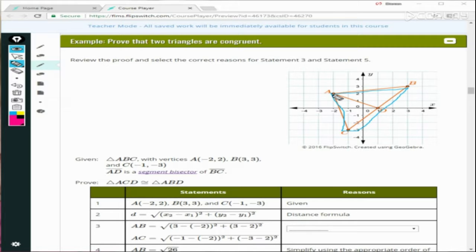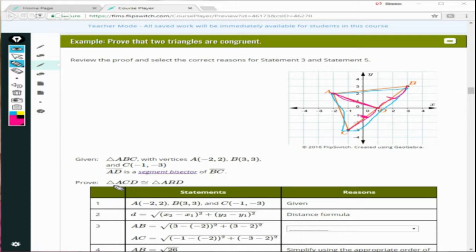So what that means is AD, this line, segment bisector. Bi means two, sector, sections. So it cuts BC into two equal sections. So the length from B to D is the same length from D to C.